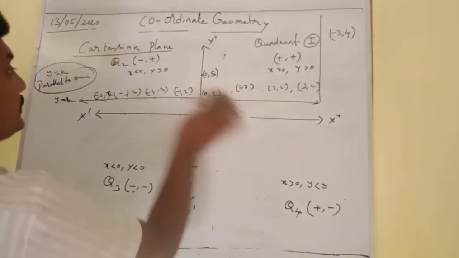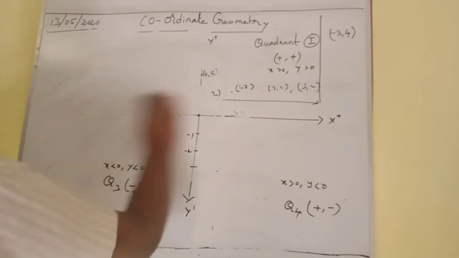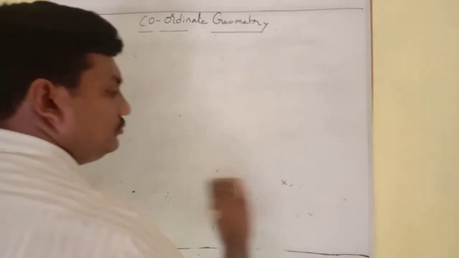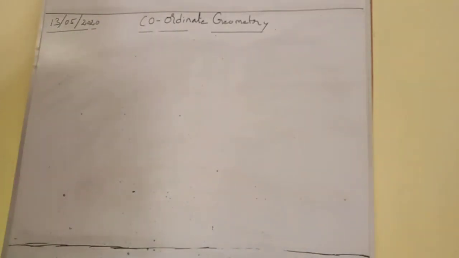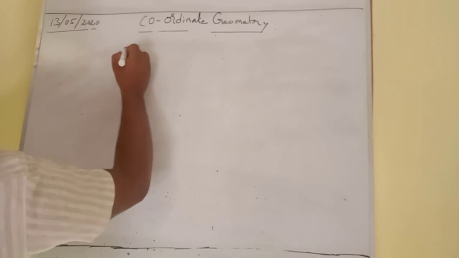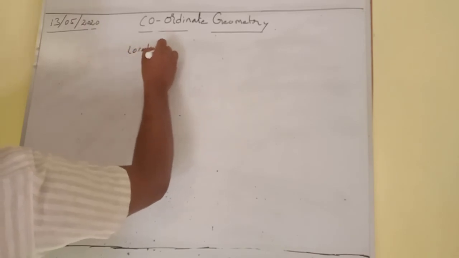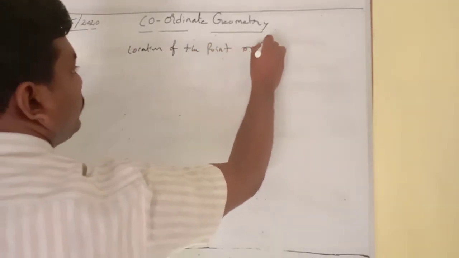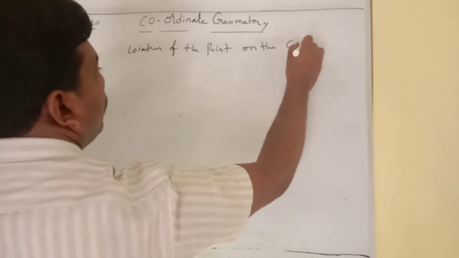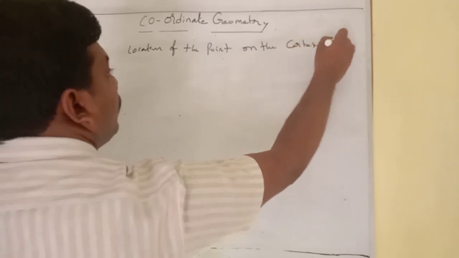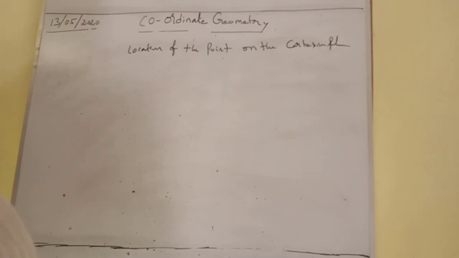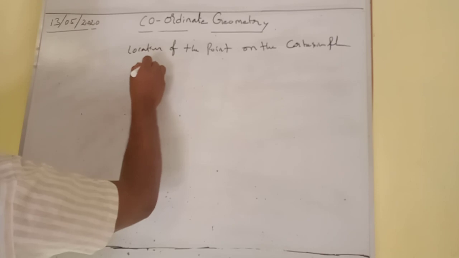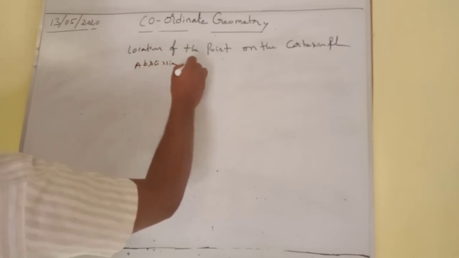So what we discussed till now: the location of a point on the Cartesian plane. What are abscissa and ordinate? Very important.